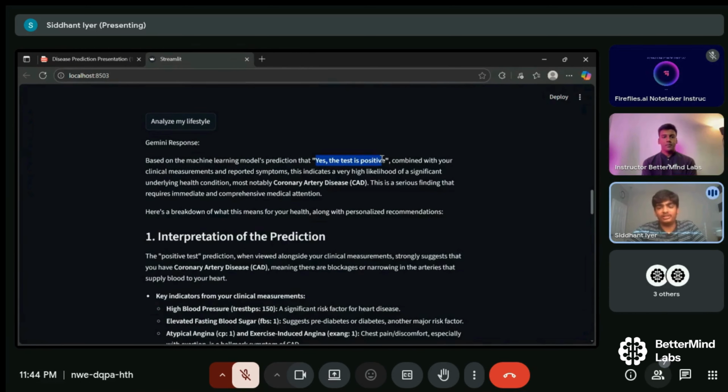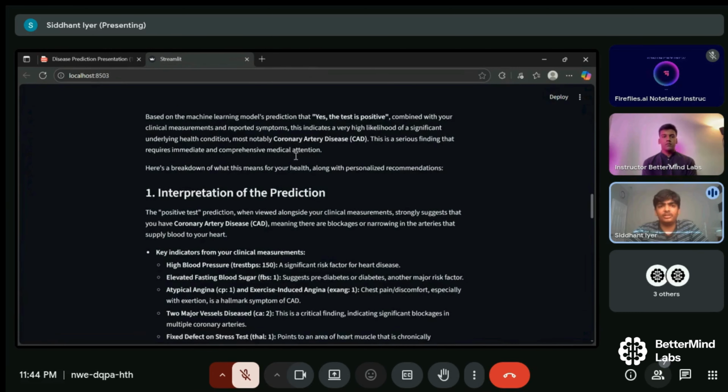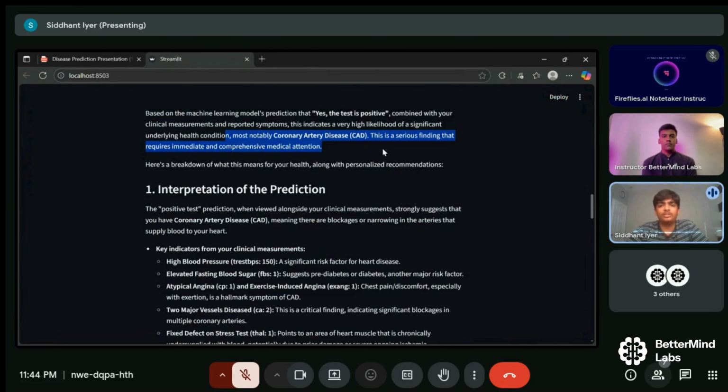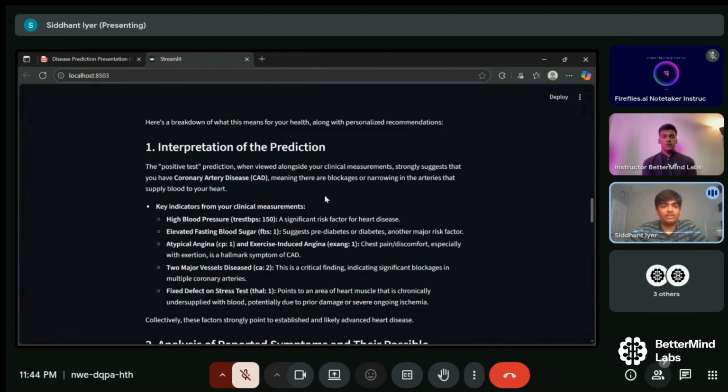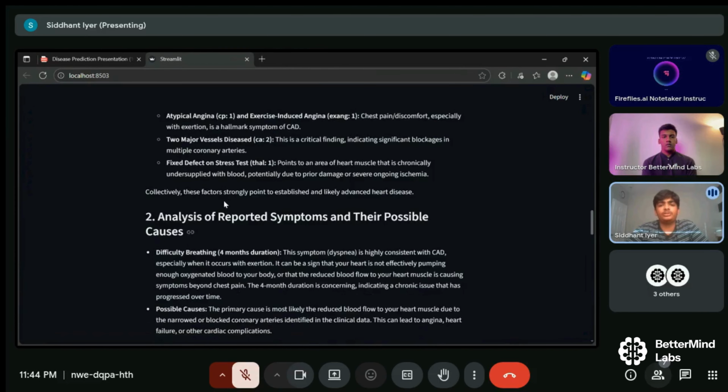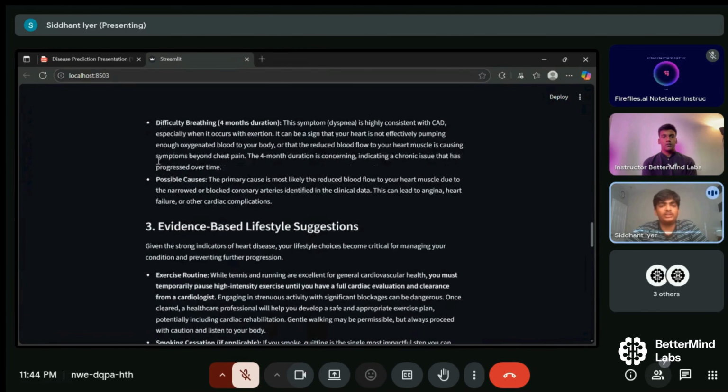So yes, the test. This Gemini showed yes, the test is positive. It even detected what type of disease it could be. This is how it interpreted it. It shows the symptoms and the causes.